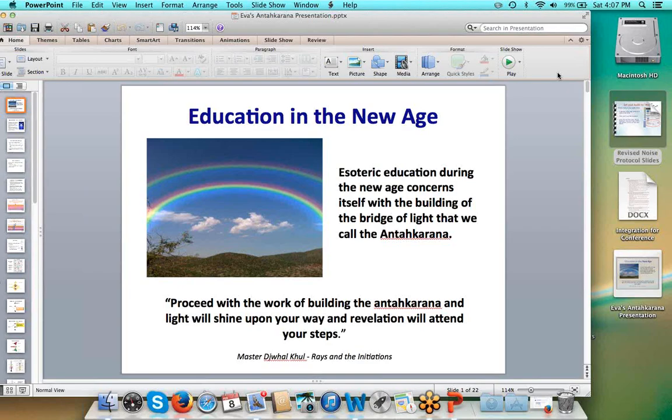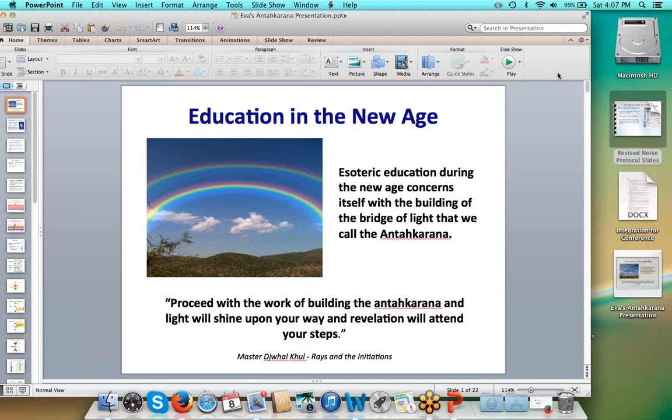Now, Antahkarana is called a bridge, and that's why we're seeing a rainbow bridge. It's also referred to as a rainbow bridge. And when we see the word rainbow, we automatically think of colors in the rainbow. So proceed with the work of building the Antahkarana, we are told, and light will shine upon your way, and revelation will attend your steps.